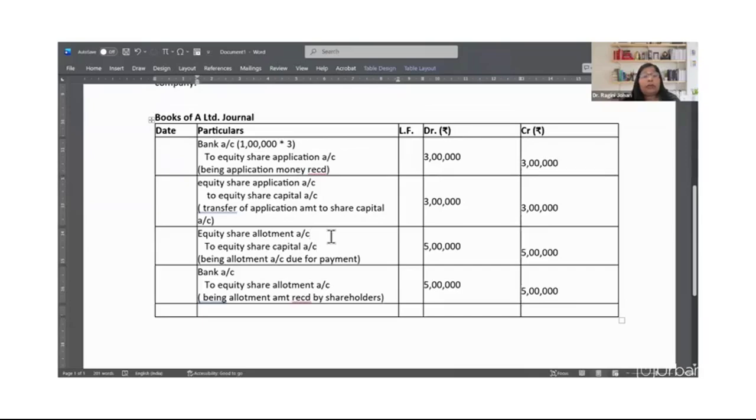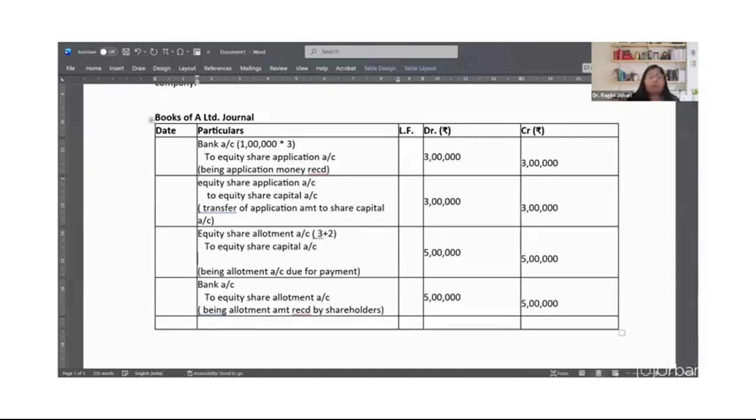That means this allotment account money has to be transferred in 3 plus 2 structure. Okay. That means out of these 5 rupees, 3 rupees goes to share capital account and 2 rupees goes for premium. Okay. Now, so here we are going to make a slight change.